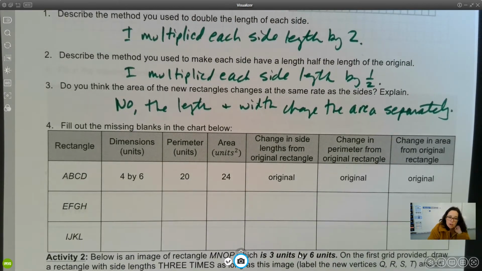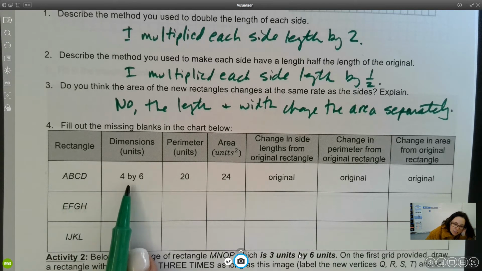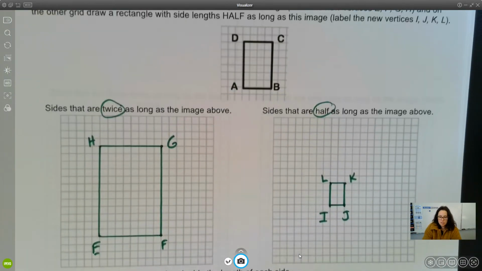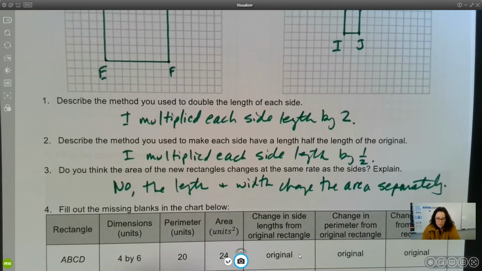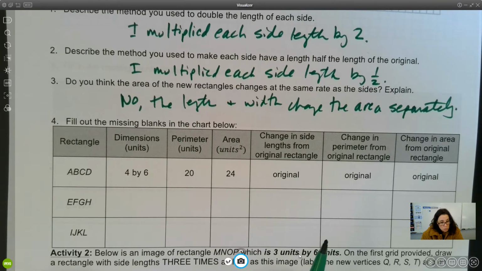All right, so ABCD, this goes back to the very original, pull it down just to remind you, this guy up here. Okay, so the dimensions are 4 by 6. Now remember perimeter from elementary school. Perimeter, you're literally counting the units around.